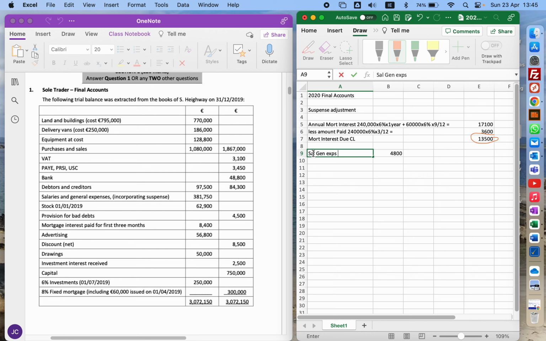So that's 381,750, and I've got a credit in the mortgage interest, so that means a debit in salary and general expenses, which is an expense account. So therefore, if I debit that, it means I'll increase it by 4,800.